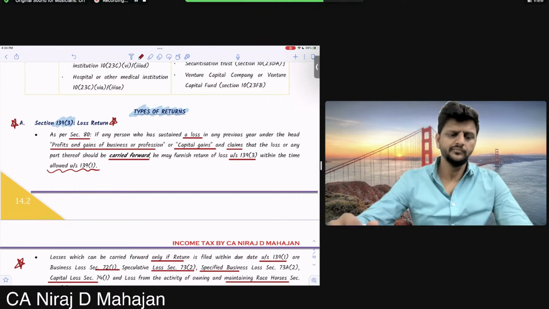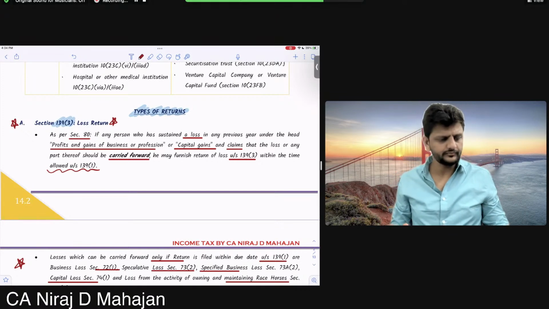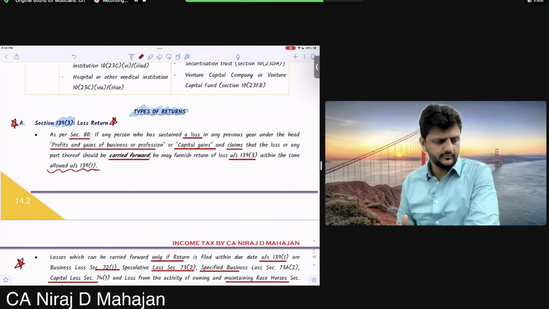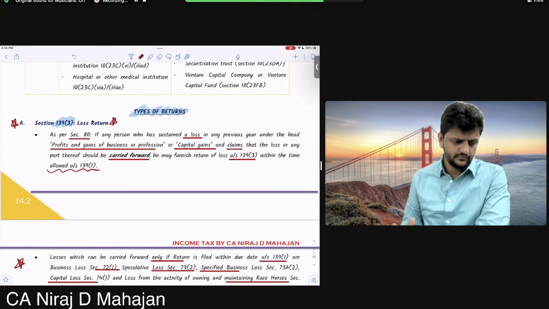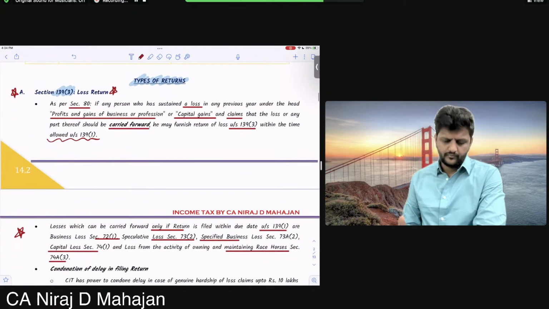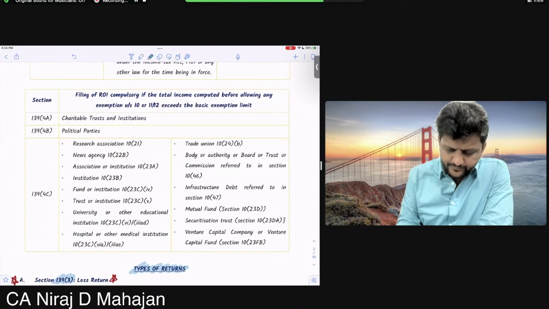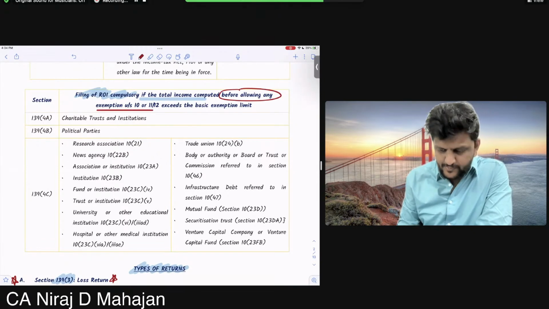Done, everybody? Chalo. Check here. Filing of ROI is compulsory if the total income computed before allowing any exemption under section 10, 11 or 12 exceeds BEL.